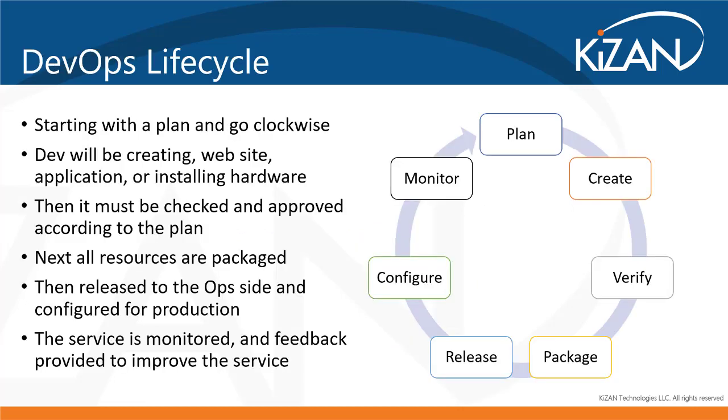Let us look more in detail on what the life cycle is for DevOps culture. First, we have to have a plan and an idea of what we want to achieve.